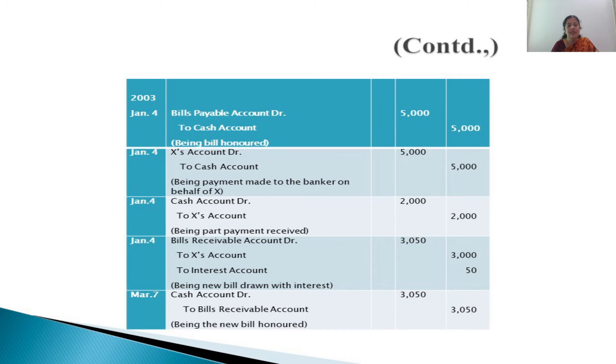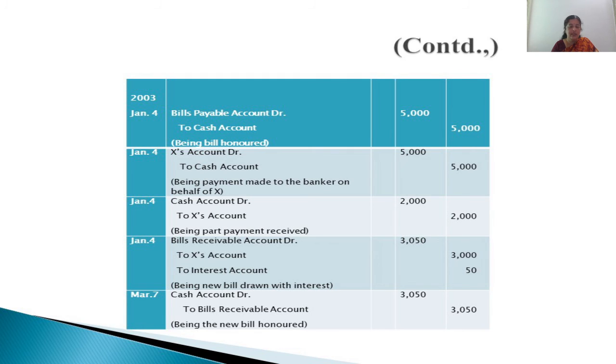Then the last entry, just observe the date, it is not Jan 4th, it is March 7th, because it is 2 months extended period of credit we have allowed to X. So from Jan 4th add 2 months plus 3 days. After Jan, Feb, March, 2 months. Then 4th plus 3 days means 7th.